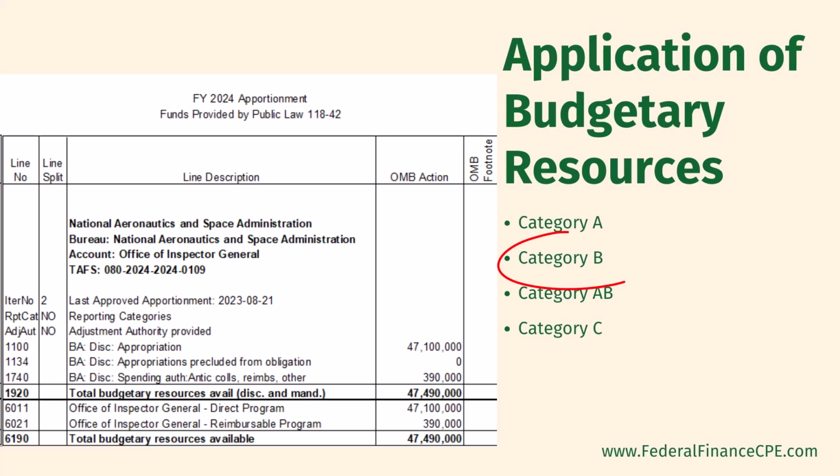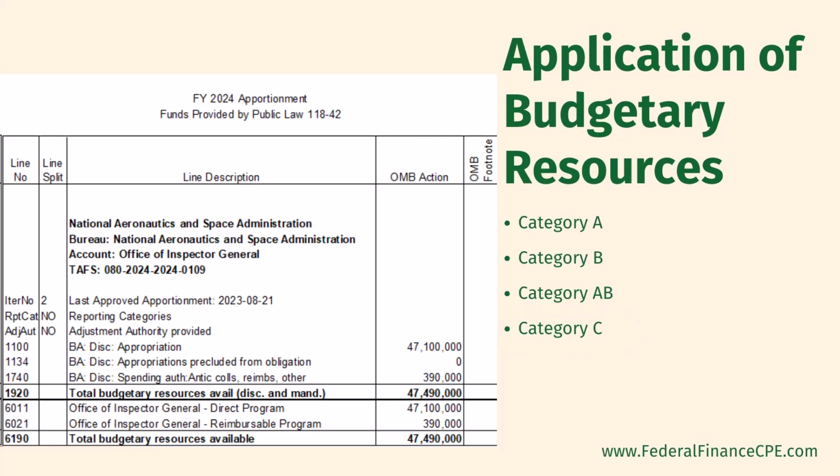Category B controls spending by the program or activity. And category AB is actually a combination of those two, which is both time and program. For example, limiting a specific program to specific quarters. And then category C reserves funds for future fiscal years.